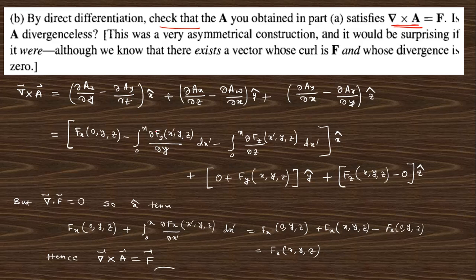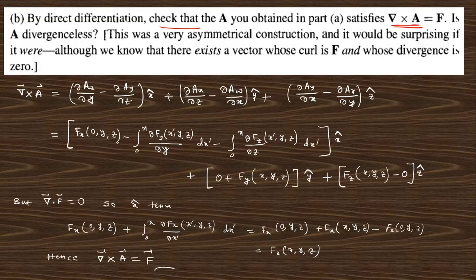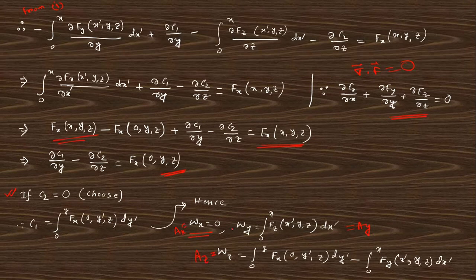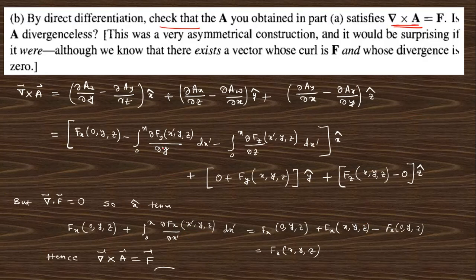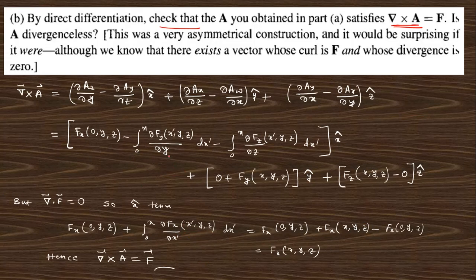In the case of ∂Az/∂y, if you take the derivative with respect to y, you get this. And ∂Ay/∂z, if you take the derivative with respect to z, this becomes z. I think that is clear.